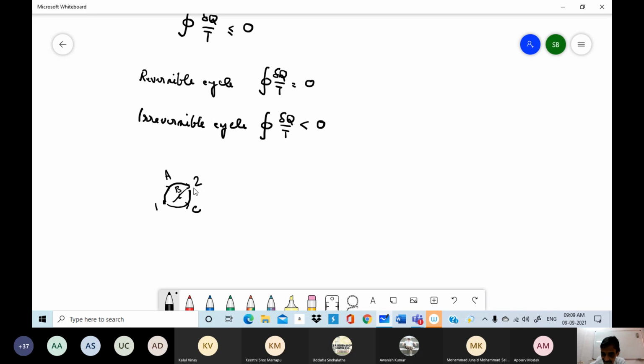So therefore, delta Q by T for a reversible process always has the same value as long as the endpoints are the same. So if I have an element delta Q, I go by different paths, the delta Q by T has to be the same.